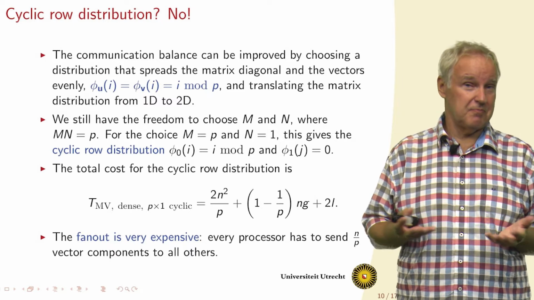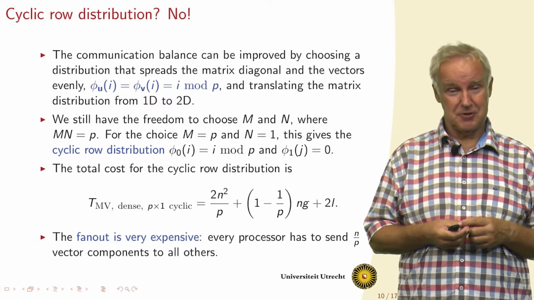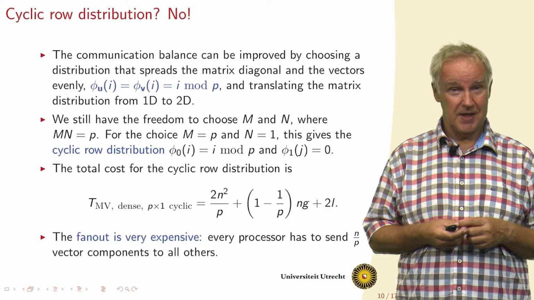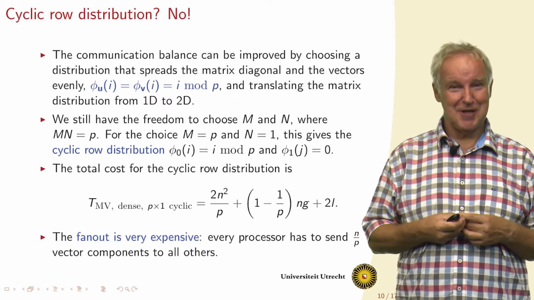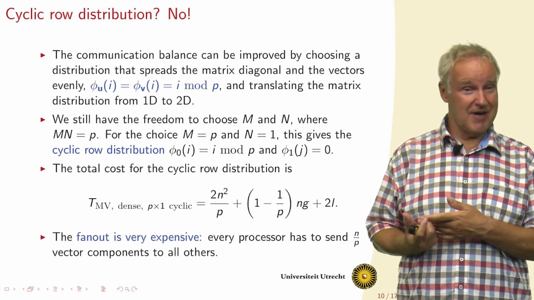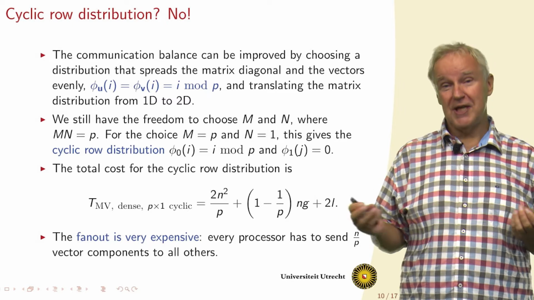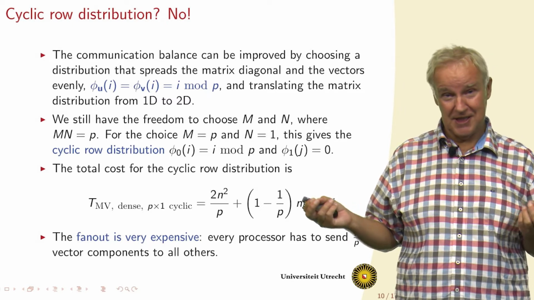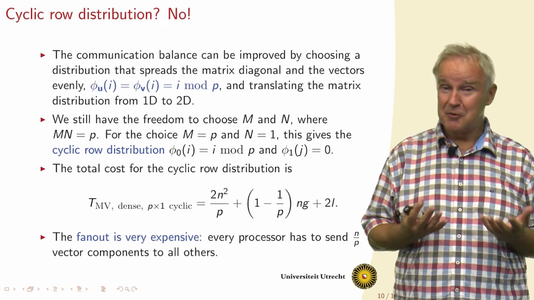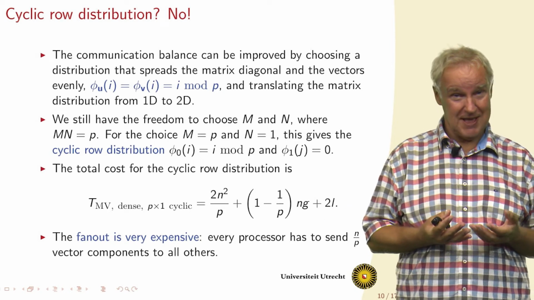This is an easy-to-use distribution, but it doesn't achieve our goals. It has the advantage that a complete row is assigned to a processor, so we don't need the fan-in and we don't need the addition of partial sums. We only have 2 supersteps then.